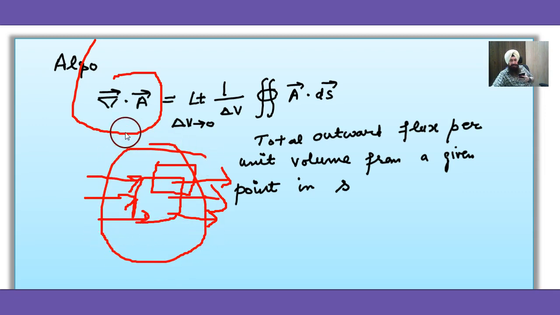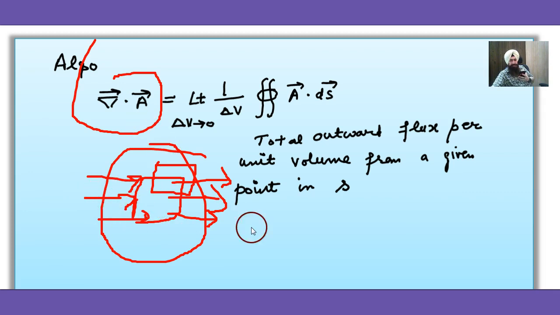That means del dot A vector equals 0. So in magnitude, whatever exits, the same in magnitude enters the volume element.